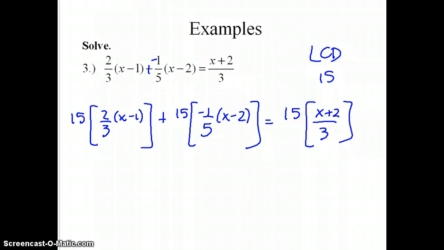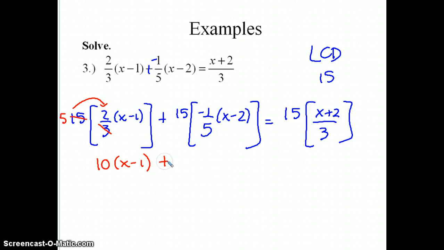Remember, I will be distributing. When I distribute, I cannot distribute across multiplication, so I am going to be just working with my first two factors. 15 times 2/3. The 3 and the 15 cancel, leaving me here with 5. So 5 times 2, which is 10 times the quantity x minus 1, and I'll be able to distribute that shortly.